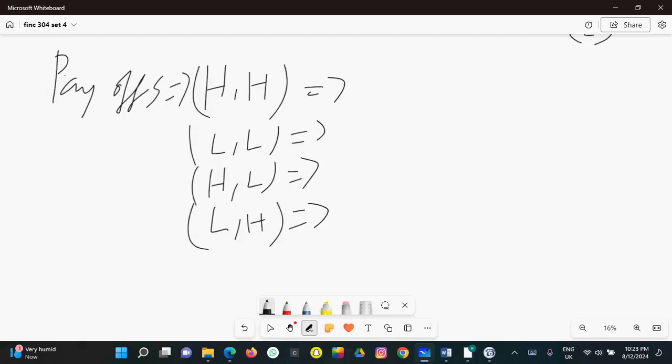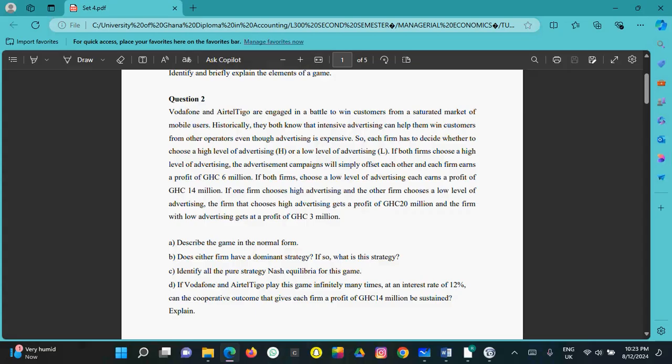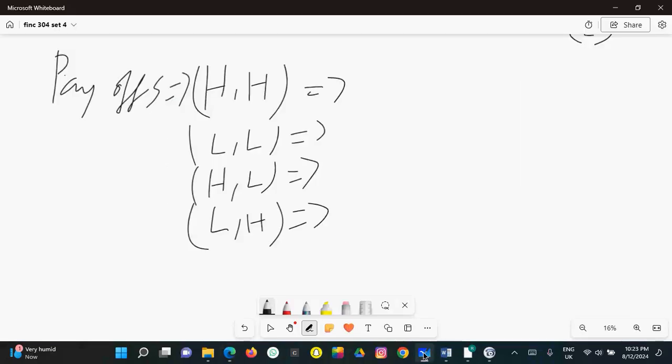So in the question, if both firms choose high level of advertisement, they both earn 6 million each.